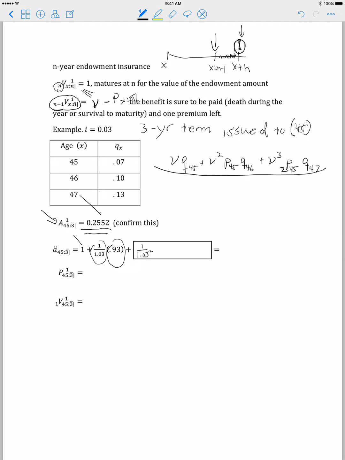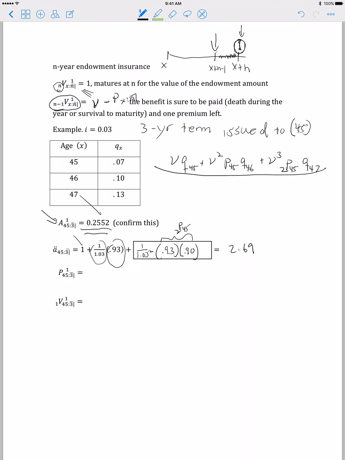Now I need 2p45. I multiply the probability of surviving 1 year and the probability of surviving the 2nd year, and that's the probability of surviving 2 years. So this is my 2p45, and this is my 3-year temporary annuity. So if I do that numerical calculation, I get 2.69.